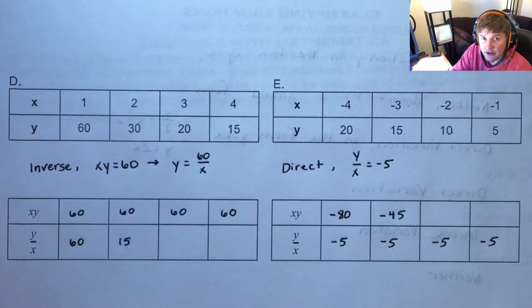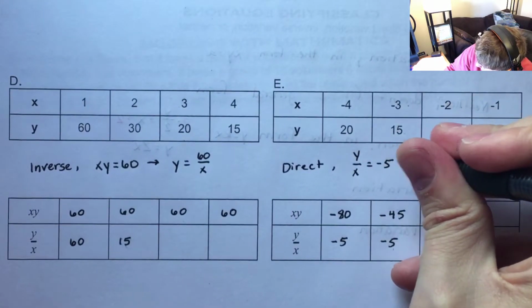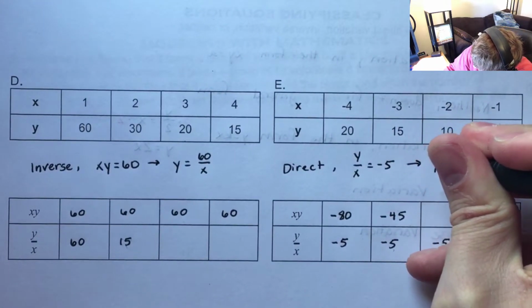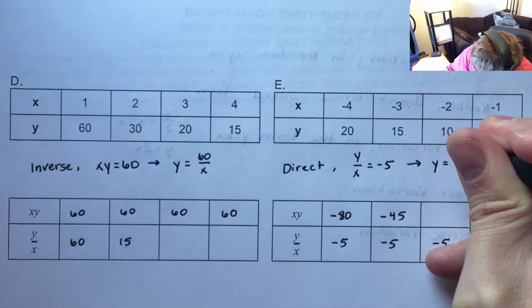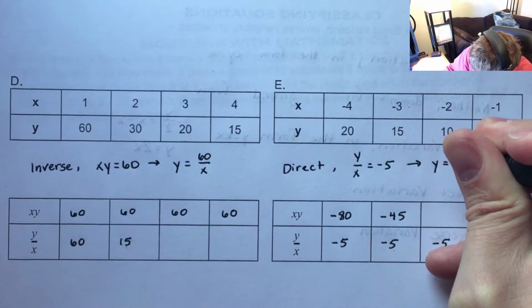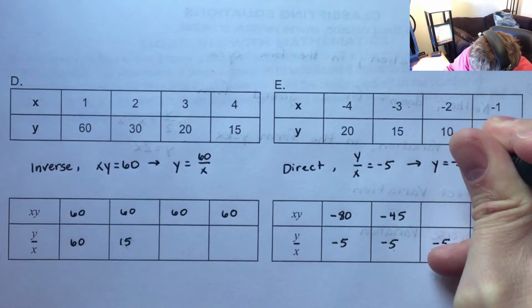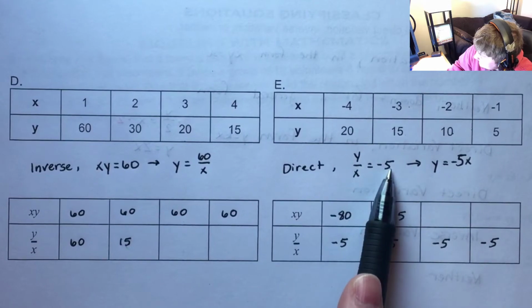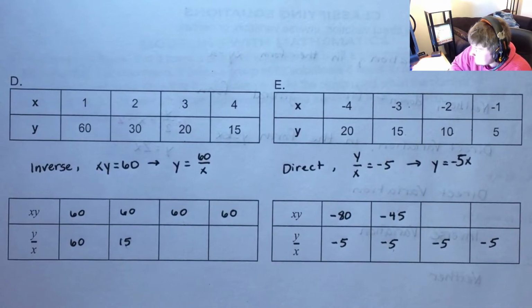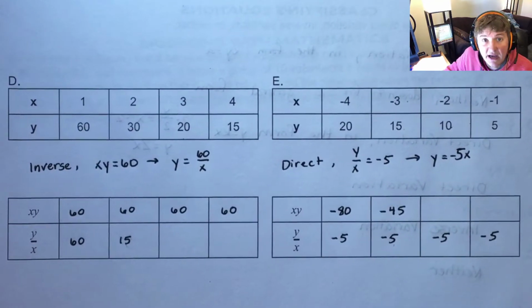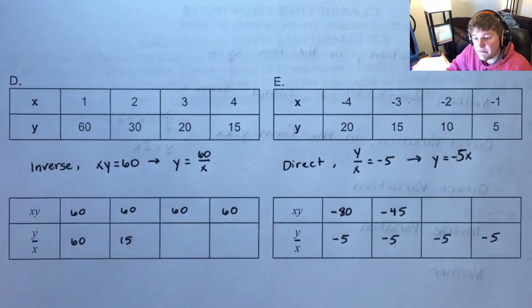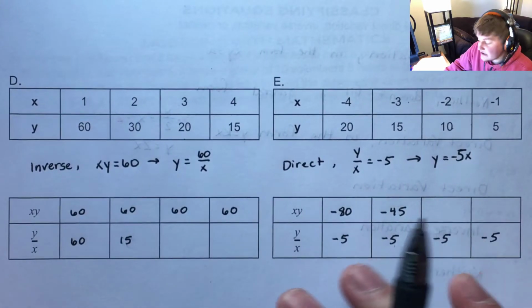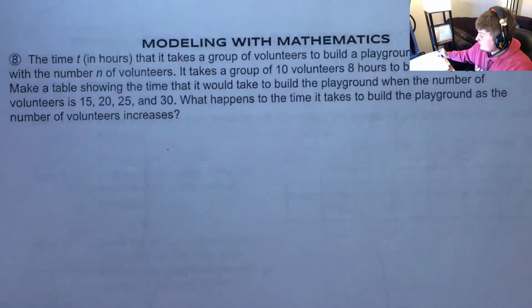Not required, but just generally that's how you're going to see these. So let's go ahead and do that. Y is equal to negative 5x, right? Because we would multiply by x on each side, canceling this out and getting negative 5x here. Okay, seek me out if you need more help with these particular types of problems. Otherwise, I'm going to continue to move on.